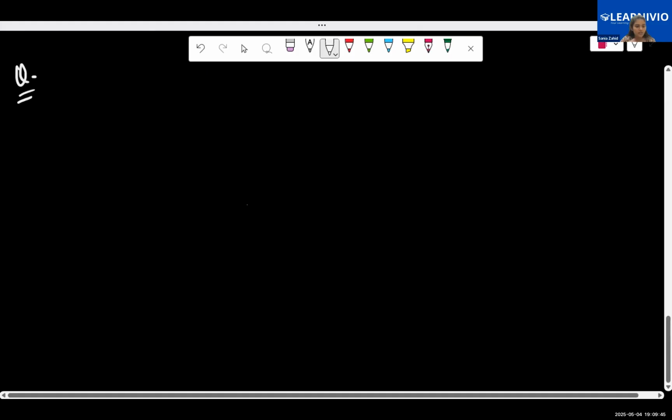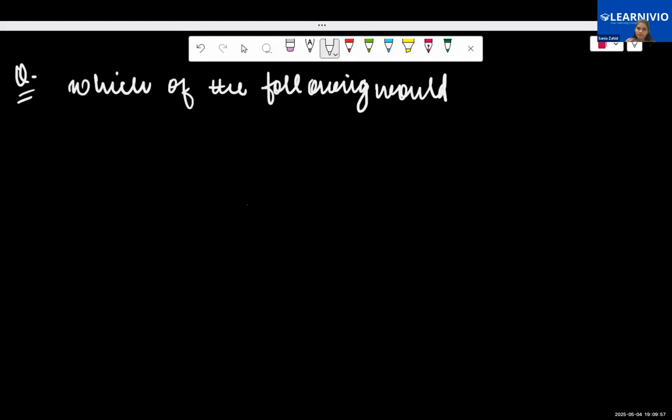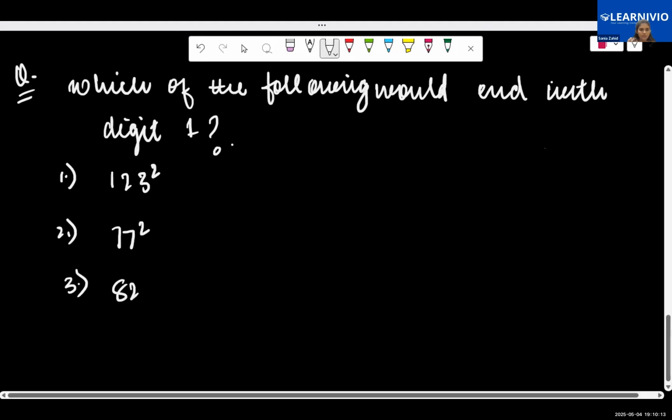It says, which of the following would end with digit 1: 123 square, 77 square, 82 square, 161 square.